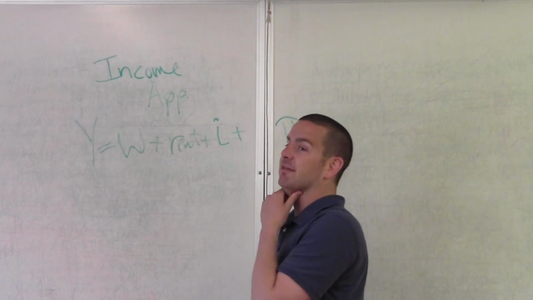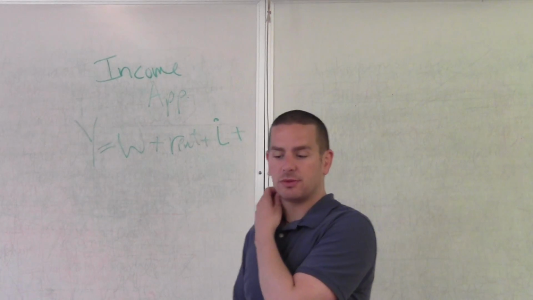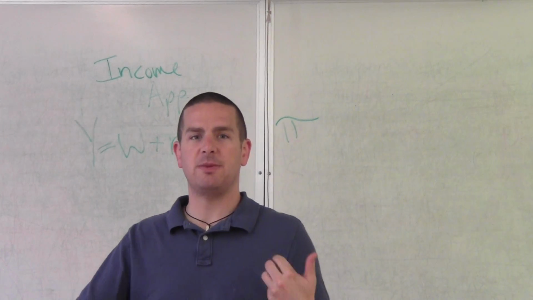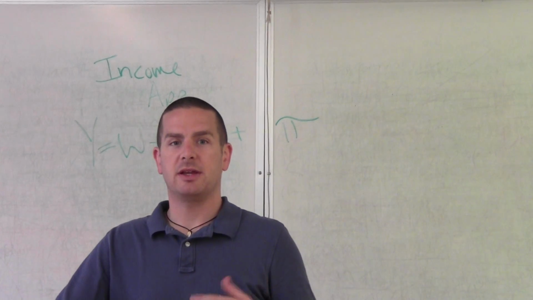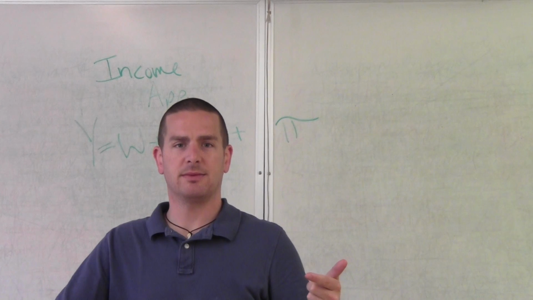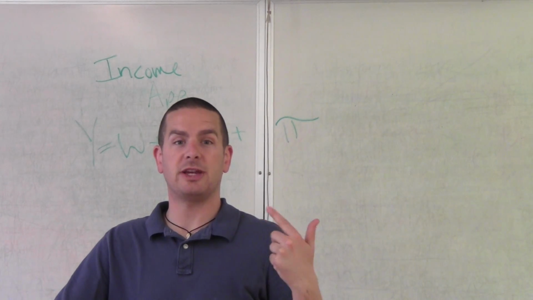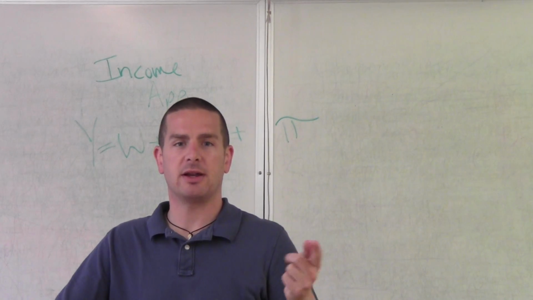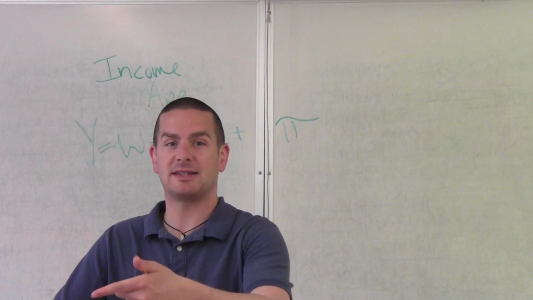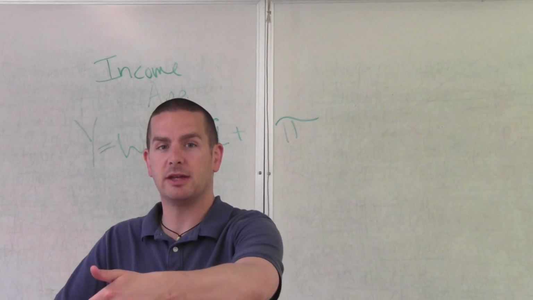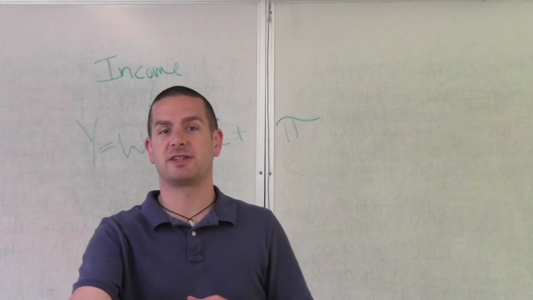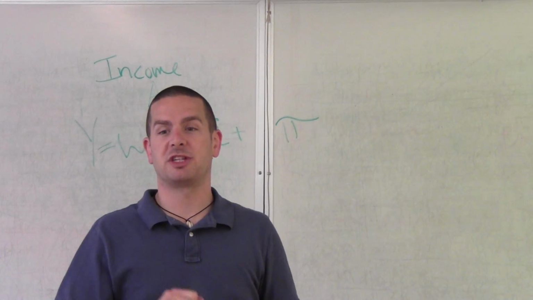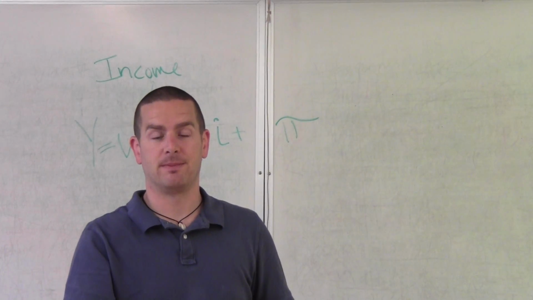So we have the expenditure approach, which is simply the total amount of spending, which is also equal to income. Think about it. Every time you buy something, every time you spend money, you're handing money over to someone else. Your spending is their income.